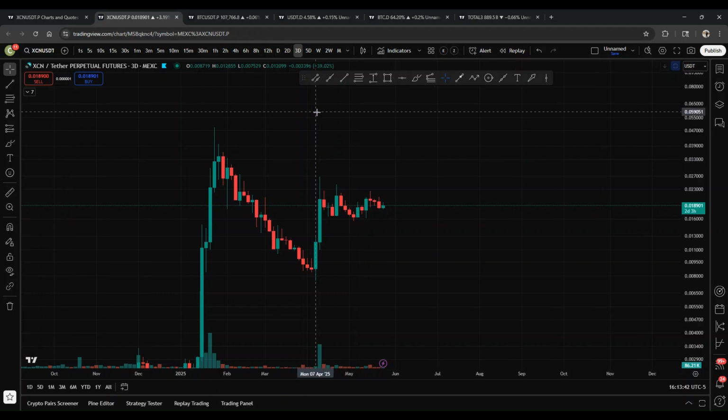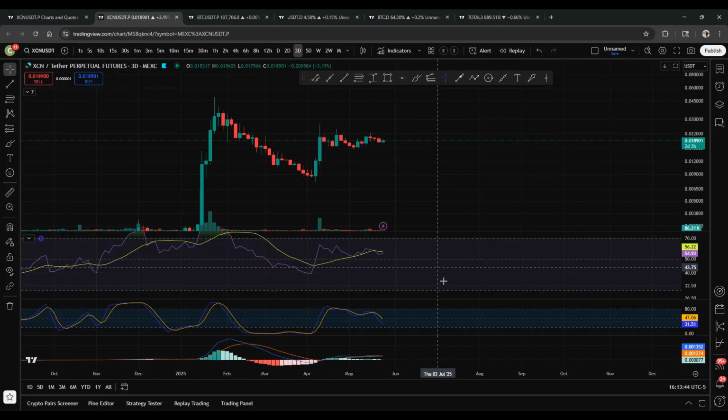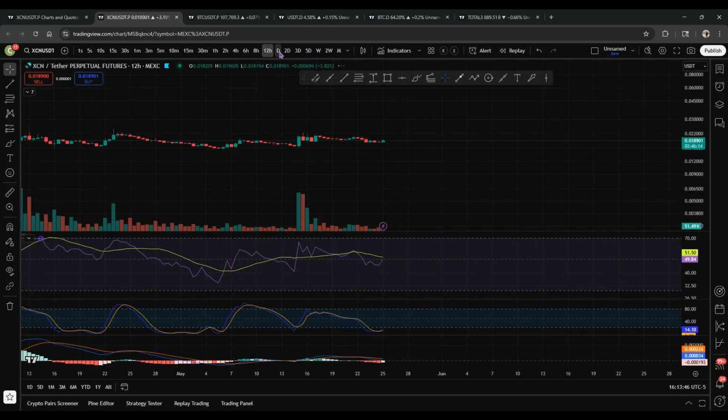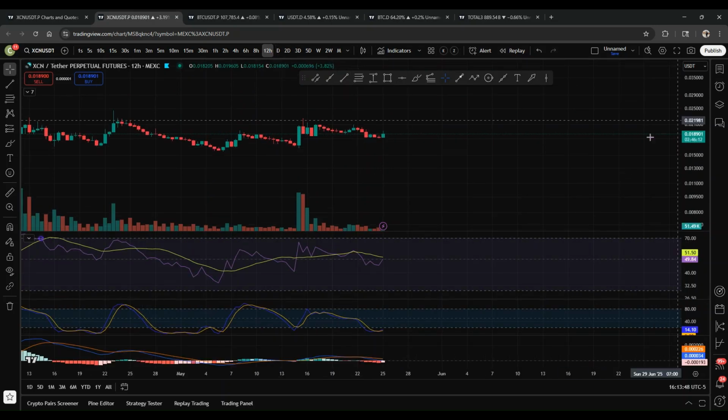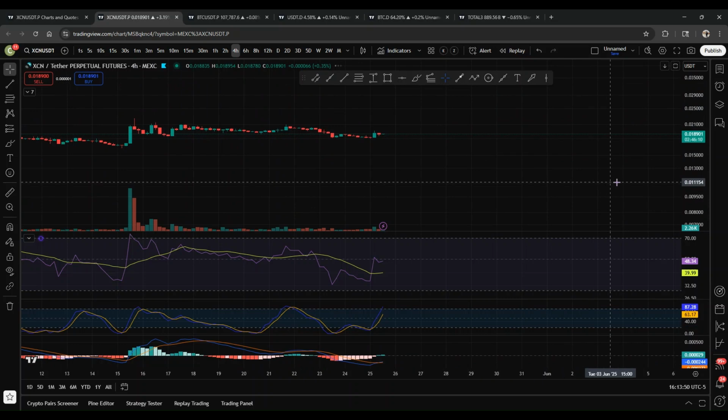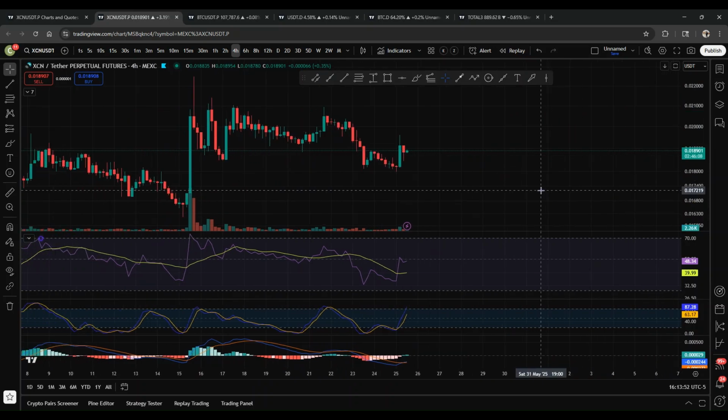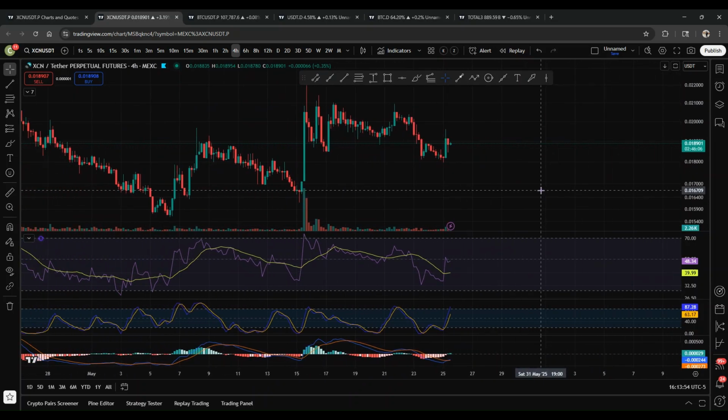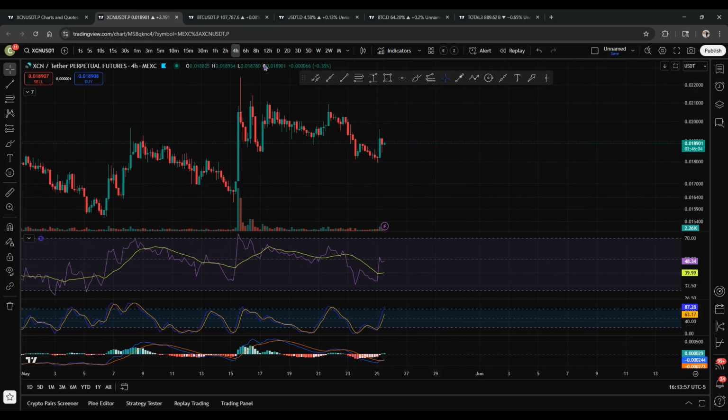This is on the 3-day chart, but if I look at the lower time frames, yep.